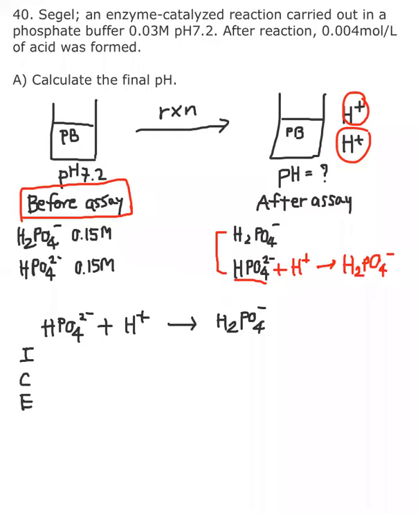To give you more detail, in depth, here I would use the ICE table to explain. So the proton will bind to HPO4 2 minus, and in the initial line here, you would fill in the initial concentration before the reaction occurs, which here we got 0.15 molar.